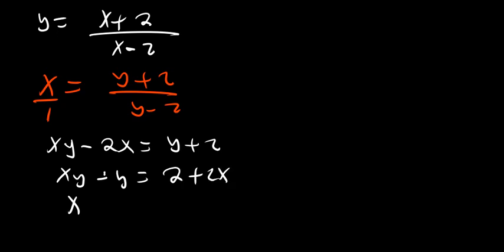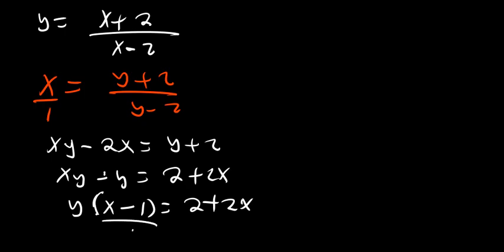So then y will be equal to, here we'll have (x minus 1) being equal to 2 plus 2x. So you can divide both sides by x minus 1.